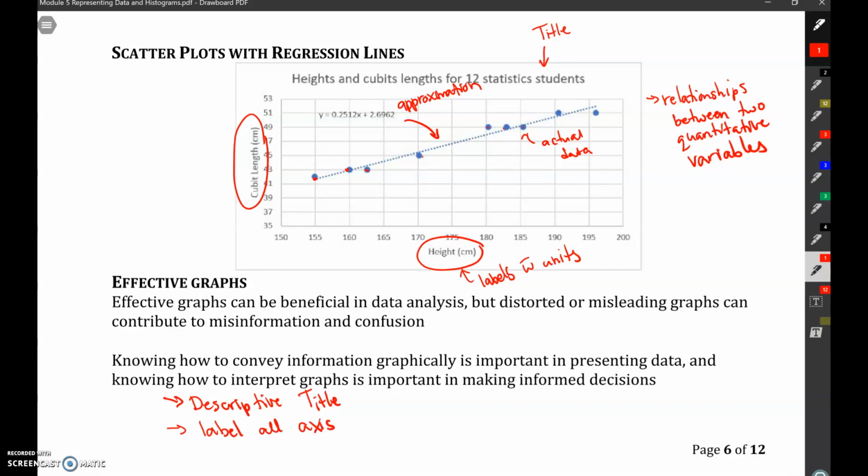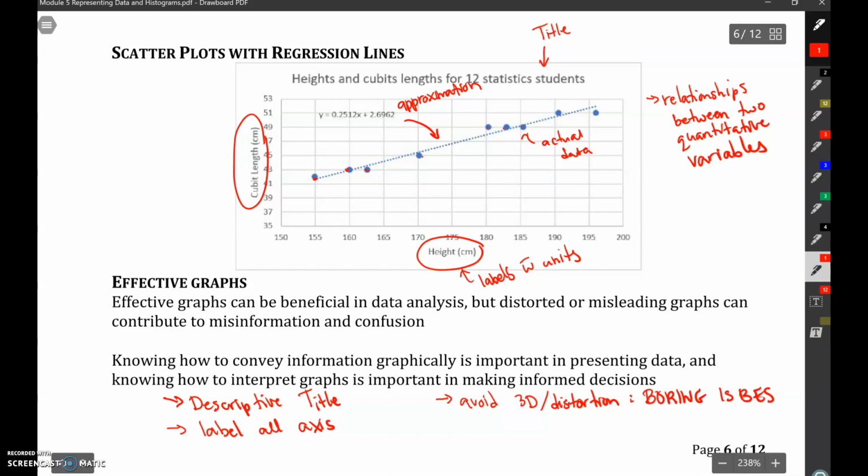And a key reminder too, as we start building new graphs in Excel, avoid the temptation for 3D perspectives or any distortion. Okay, and generally speaking, boring graphs are the best graphs because you're just representing the data as it appears.